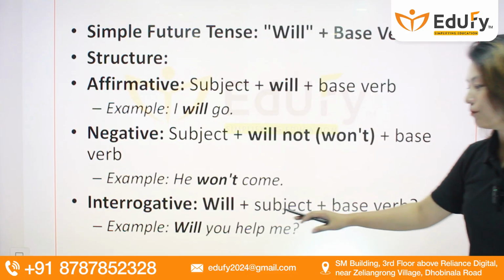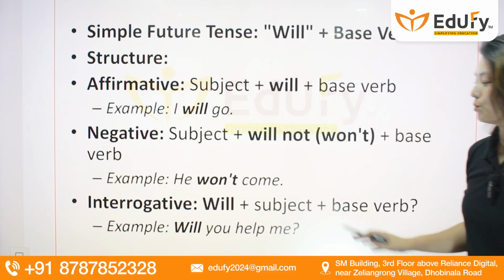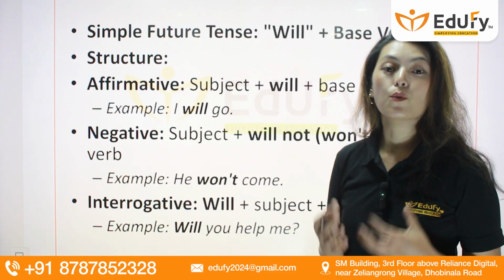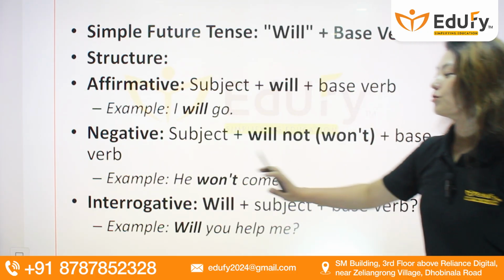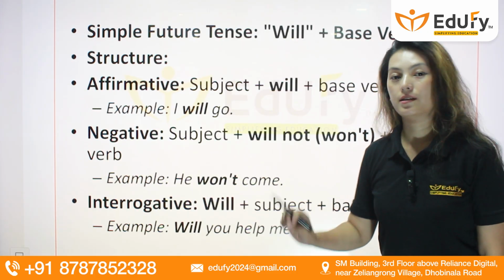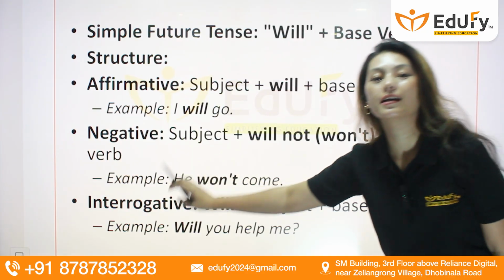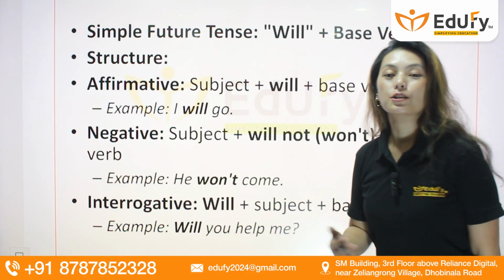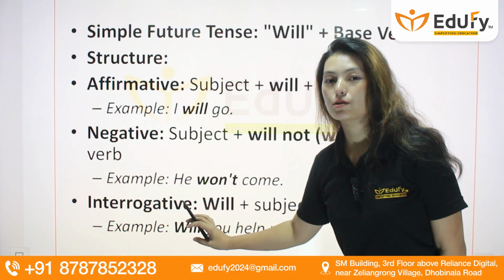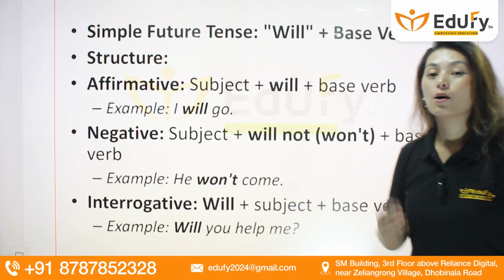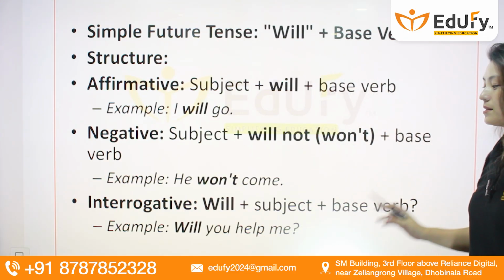Similarly, if we move on to interrogative sentences, you will see the auxiliary verb will be brought to the front of the sentence. So here you do not see the sentence starting with a subject because it's an interrogative statement, right? So you want to ask a question. How do you do that? Bring the auxiliary verb to the front of the sentence and ask will, subject plus base verb.